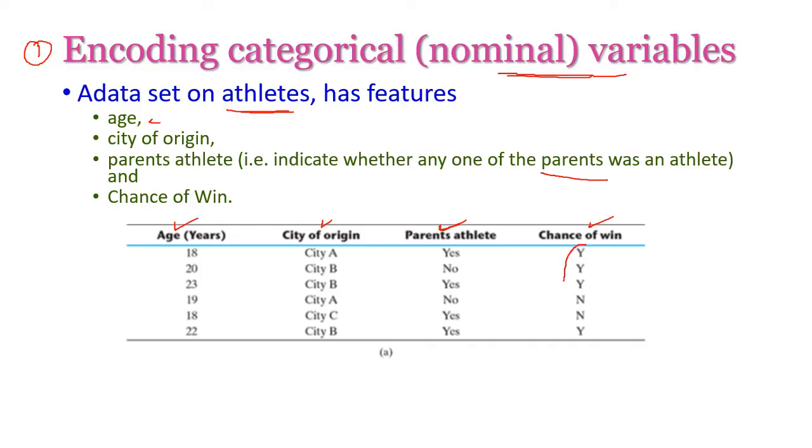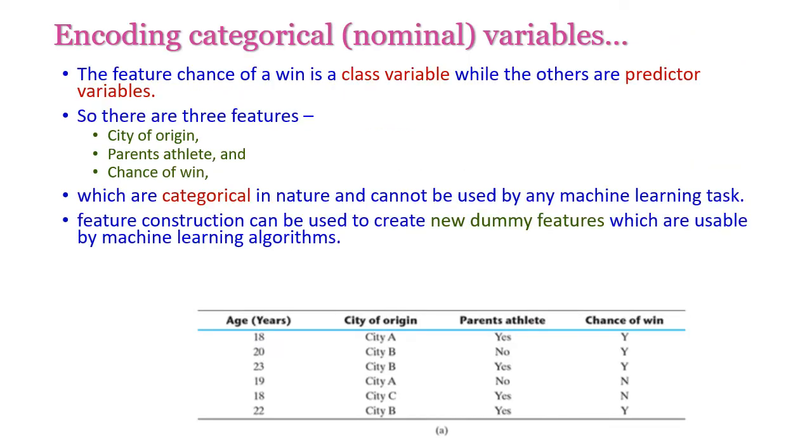This is the target variable, whether they are winning the game or not. Chance of win is the class variable and all the others are predictor variables.